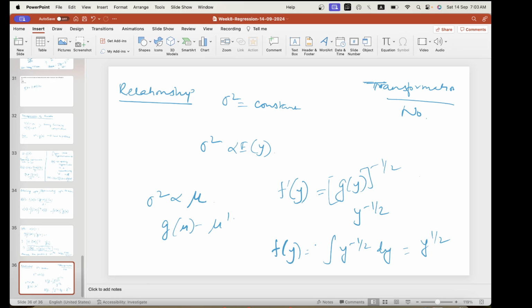fy should be proportional to y to the power half by half, so 2y to the power half. If I want to remove the 2, then I can write this is proportional to root y.